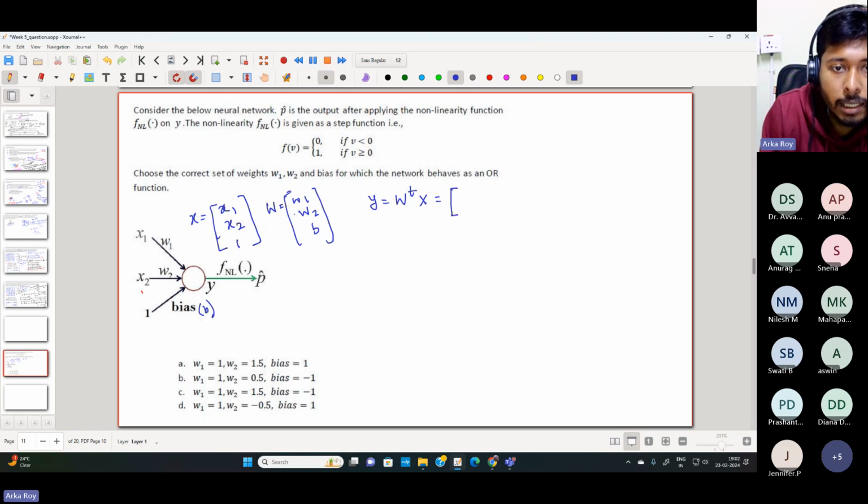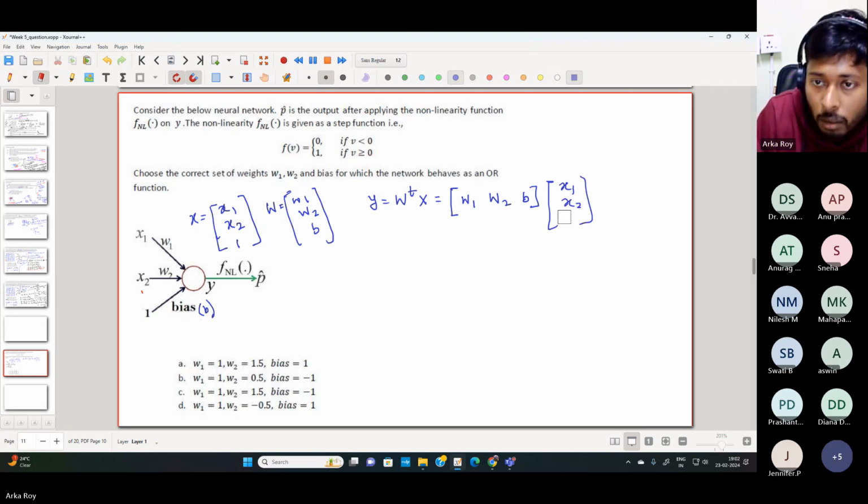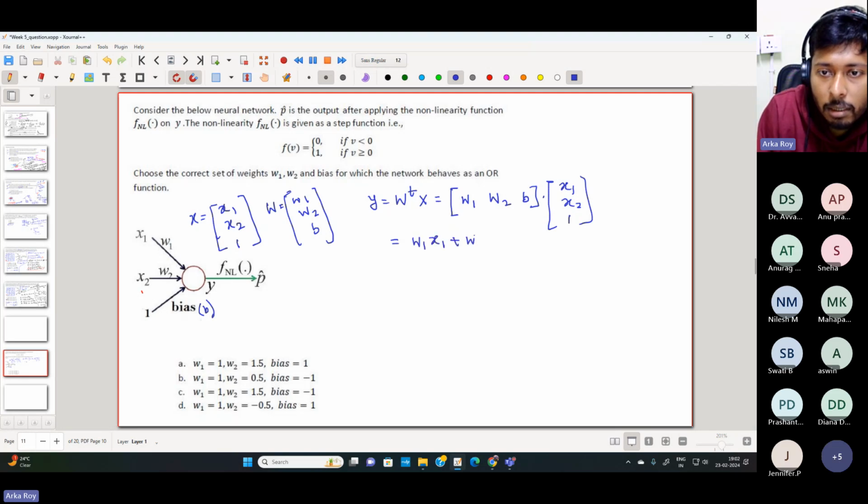Now if I take W transpose, it will be W1, W2, B, and the X is X1, X2, and 1. If you take the dot product between these two, it will be simply W1 X1 plus W2 X2 plus B, right? So you can directly see that W1 will be multiplied with X1, W2 will be multiplied with X2, and 1 will be multiplied with bias.